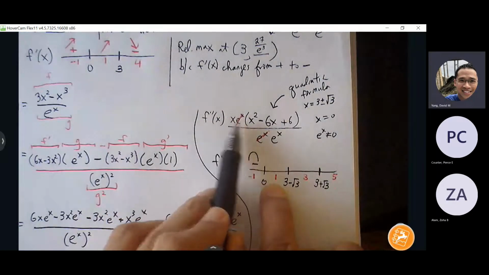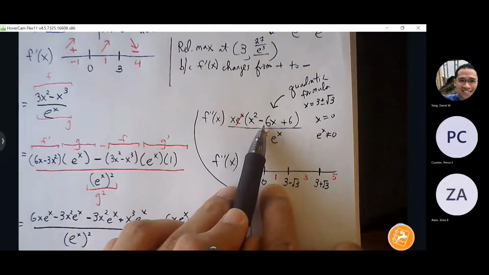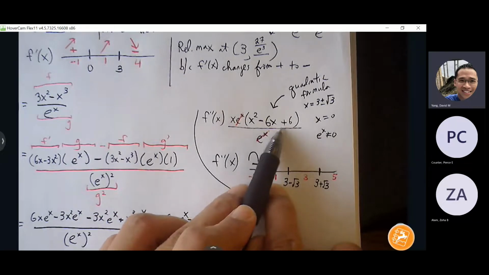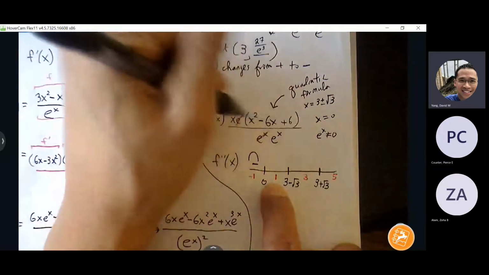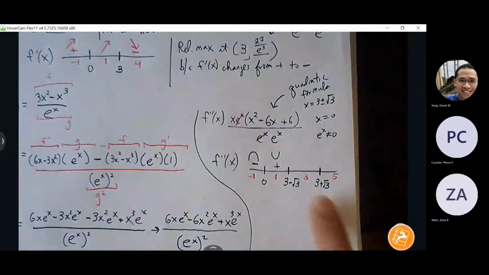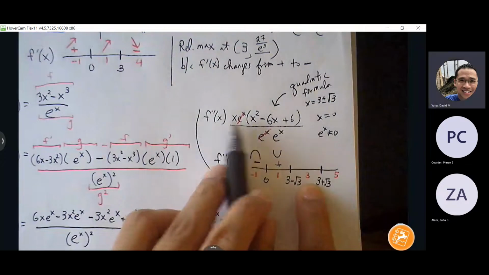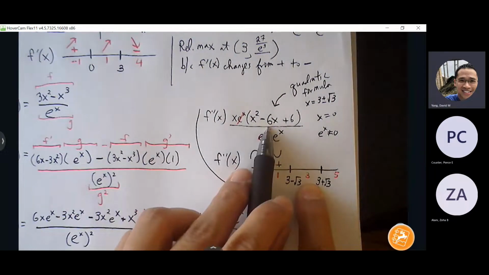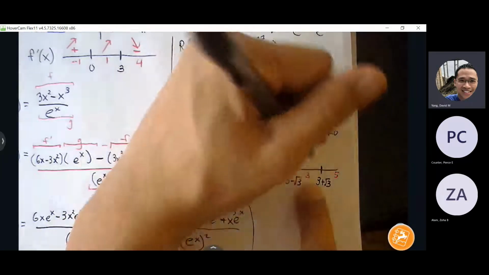Plug 1 in, positive. 1 minus 6 is negative, plus 6, that's positive, so everything is positive here. Plug 3 in. 3 is positive, 3 squared, 9, 9 minus 18 is -9, plus 6 is negative. So negative or positive is negative.